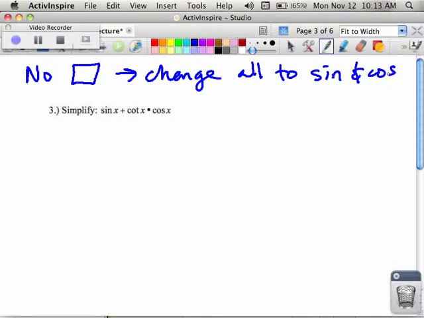For example, I already have the sine of x to begin with, so I leave it as sine of x. But anticipating, of course, that cotangent is a fraction, I'm going to put the sine of x over 1. So that was this thing. Cotangent is cosine over sine.